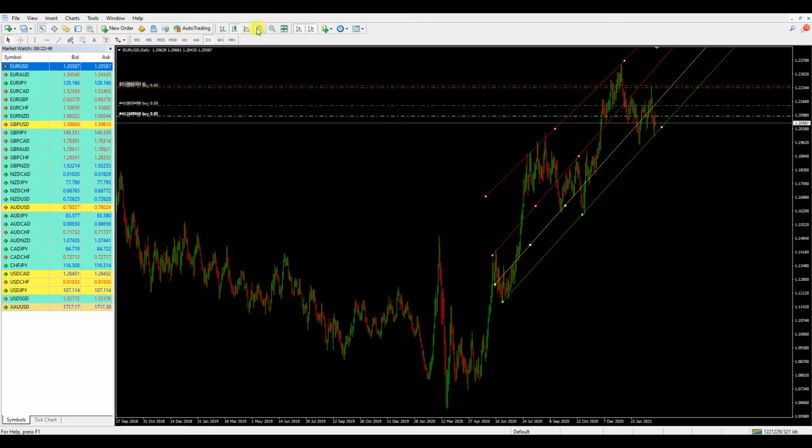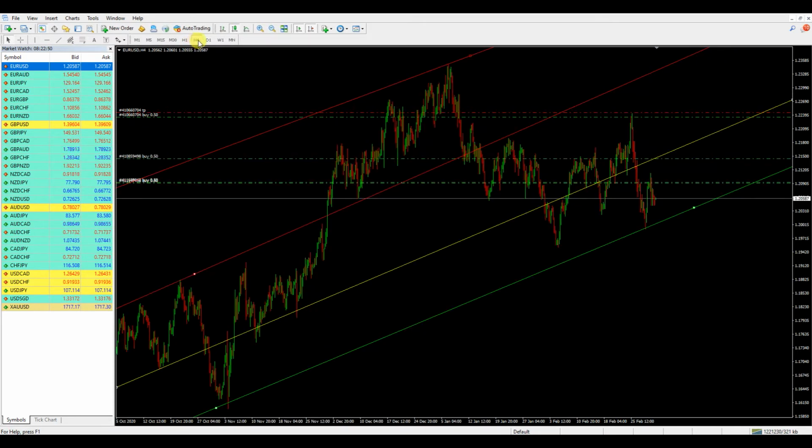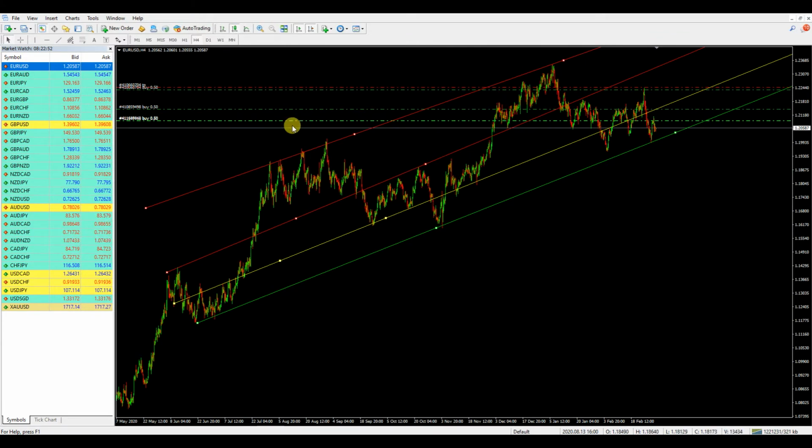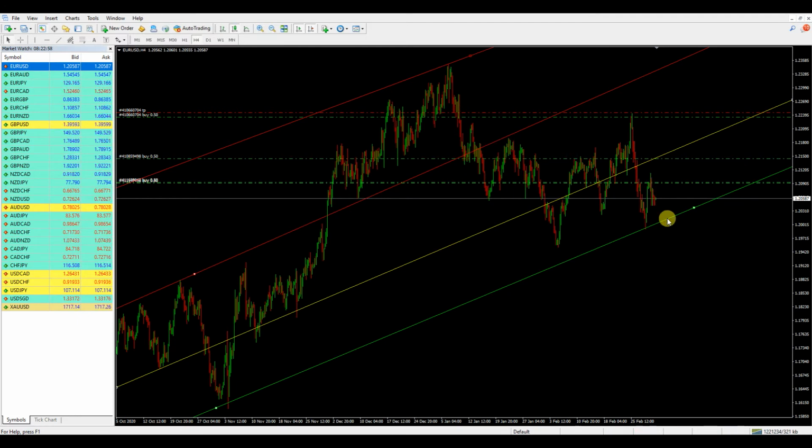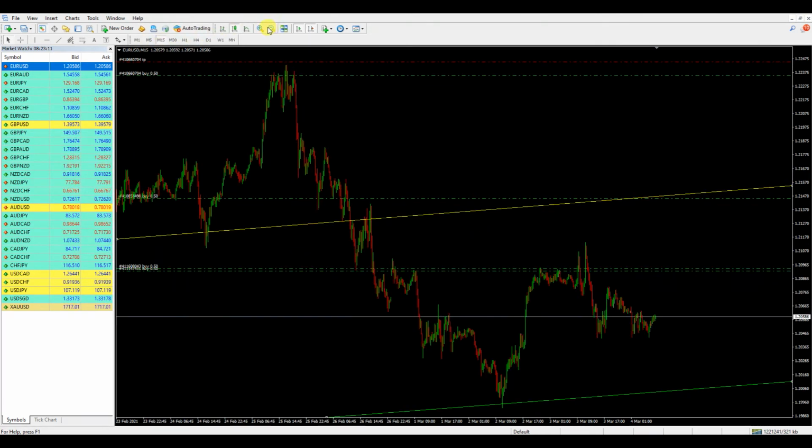Okay, so let me make one thing clear, then I'll be coming to the next point. Let me explain how we're gonna trade on the trend lines. Whenever your market is gonna hit this green line over here on H4, we take our time frame as M15, M30, and we see what candle is coming up.